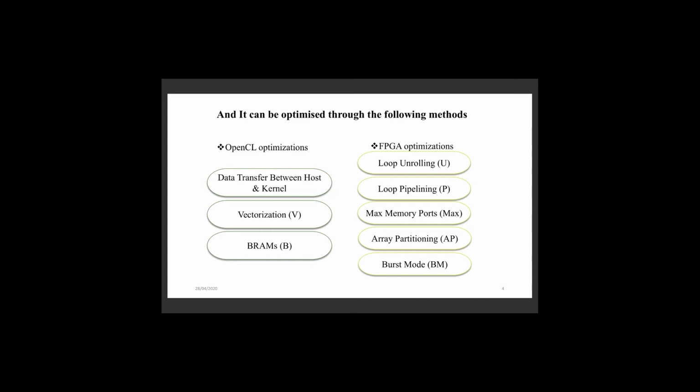Also, the utilization of all the available global memory ports, called max memory ports, and providing more memory access in the FPGA local memory by partitioning the local memory or local arrays for more parallelism. And we have another optimization method, which is inferring burst transfers from and to the global memory.